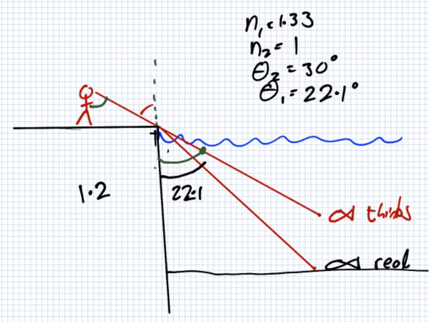So, we have this triangle here, but we want to actually get this distance here. We've already worked out this one here. This is 1.2 tan 22.1?